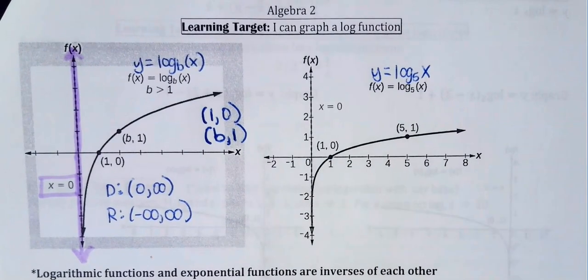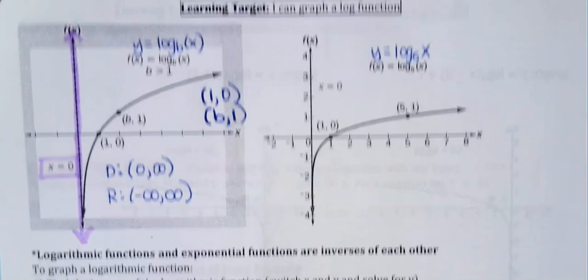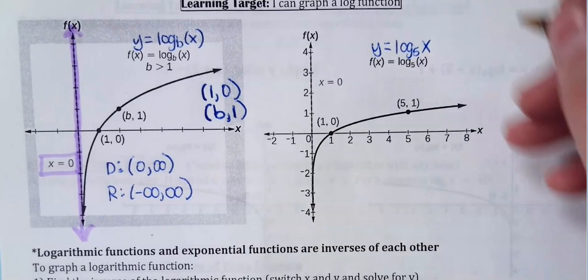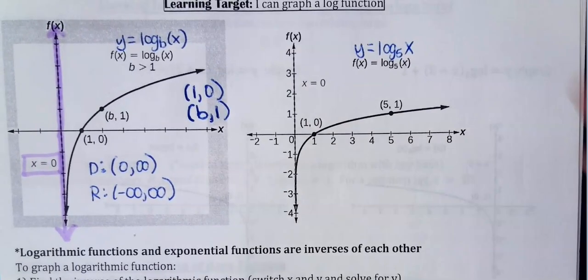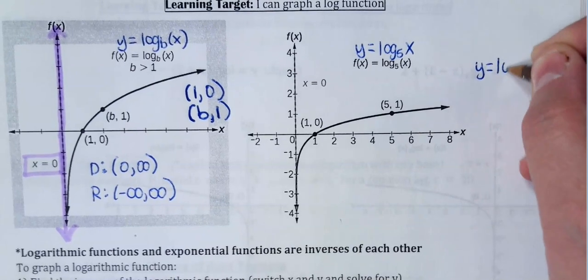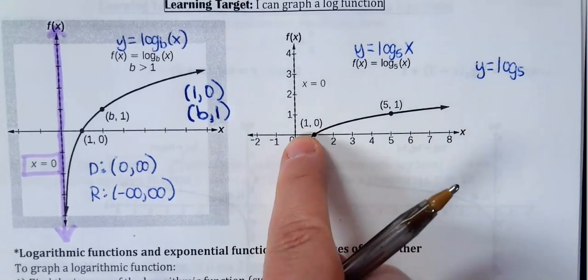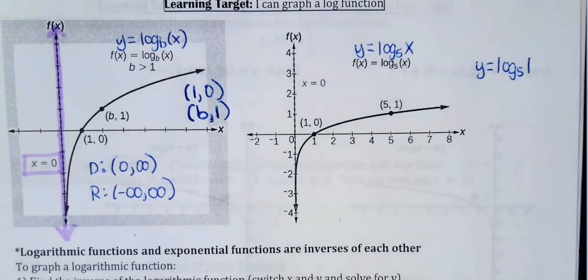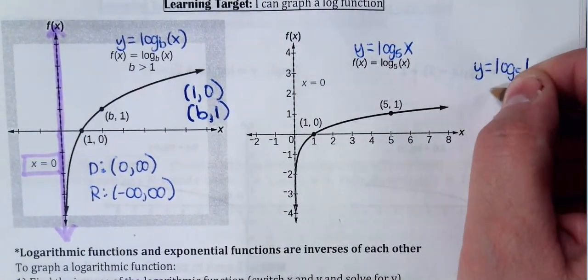So let me just show you why that works here real quick. So if I do, let me just plug these points in, I'll show you why it works. So if I do y equals log base 5, and I plug in 1 for x, just to show you why this works, I'm going to convert this to an exponential just real quick to get rid of the logarithm.